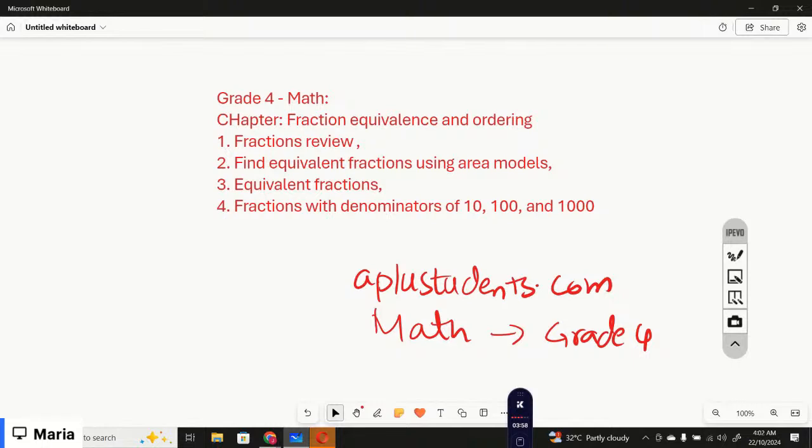There you can find the list of the chapters. We're going to start with the chapter fractions, equivalence and ordering.